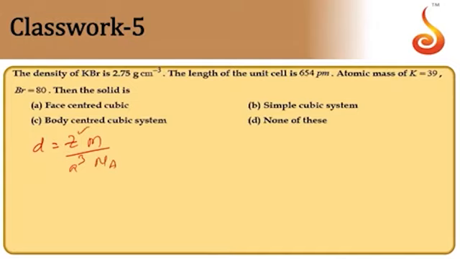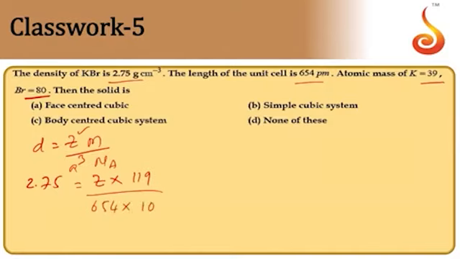So density is given as 2.75. So 2.75 is equal to Z, which is unknown to us, into the molar mass of KBr. So K and then Br, the summation of those two comes to 119, divided by a cube. The edge length given there is 654 pm.